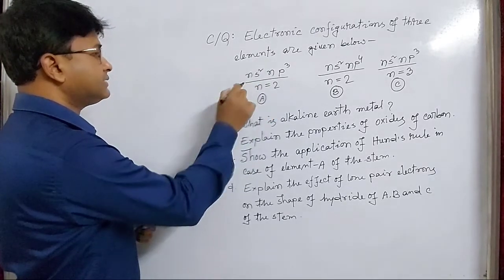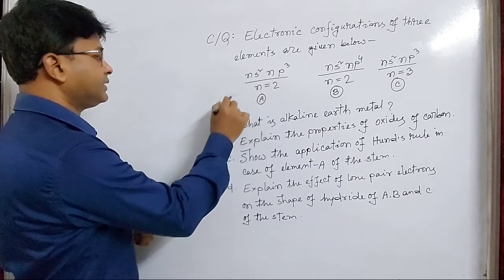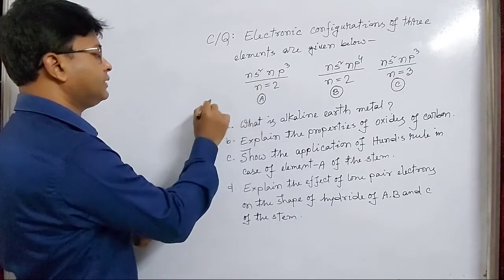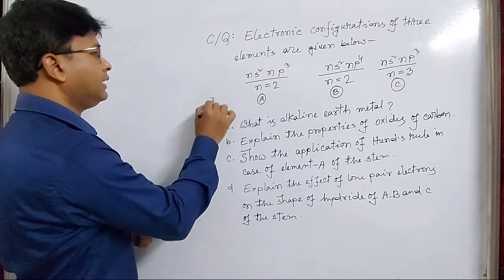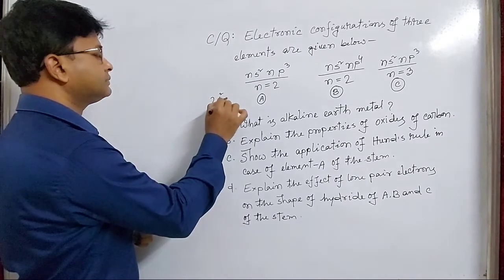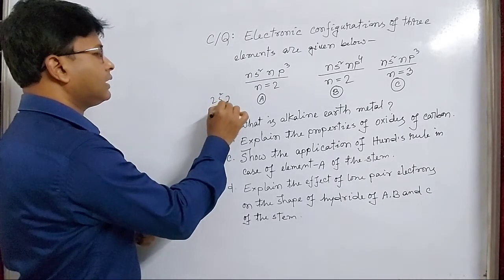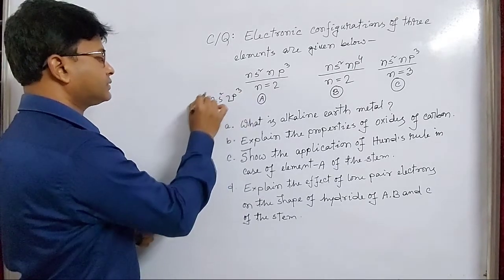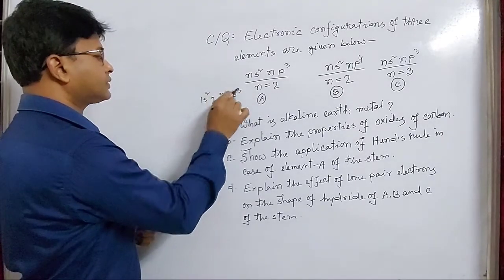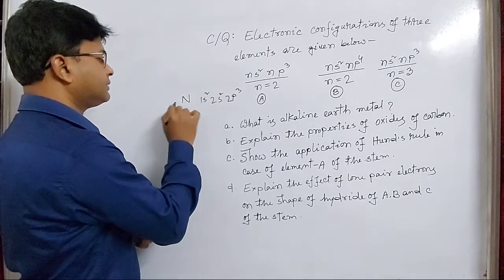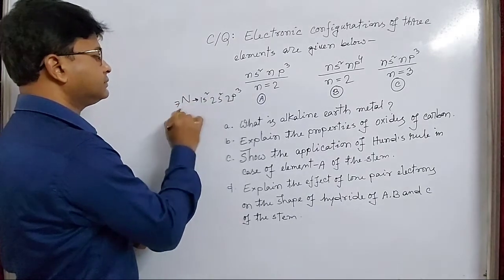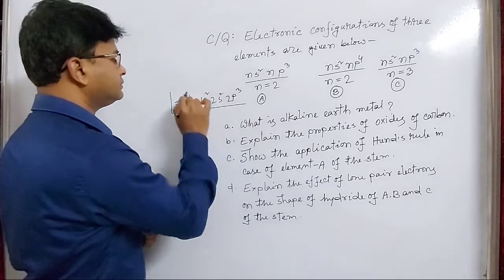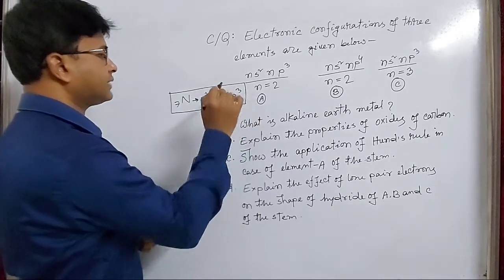Element A is nitrogen, because if I put here the value of N, it will be 1s2 2s2 2p3, that is 2 5, which is 7. You know that 7 means nitrogen, so A indicates nitrogen.